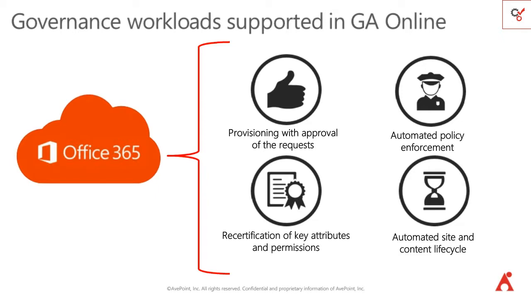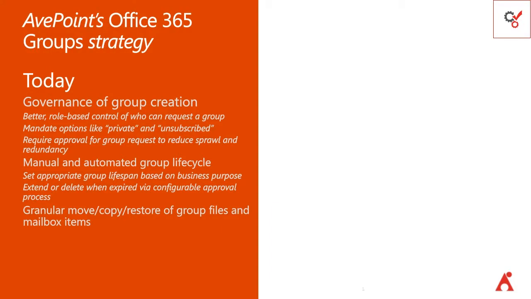So, a few things we can do here. What I'll do is take you into some software and show you basically what our approach is. What we're up to is really trying to get this provisioning of groups right. So we're going to propose a strategy that does a few things.